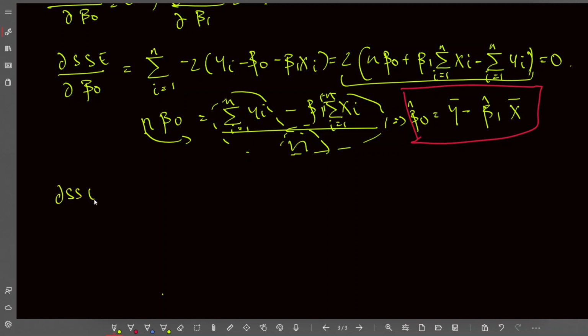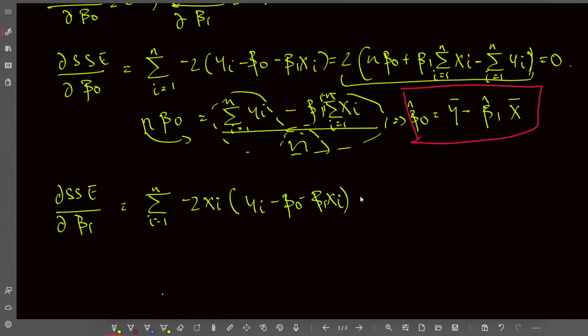So it's dou SSE by dou beta 1, which is equal to summation i equals 1 to n of minus 2 x_i (y_i minus beta naught minus beta 1 x_i). This is equal to minus 2 summation i equals 1 to n.